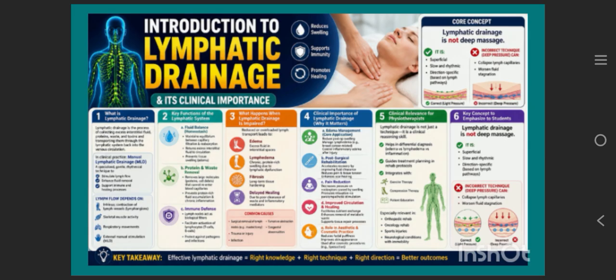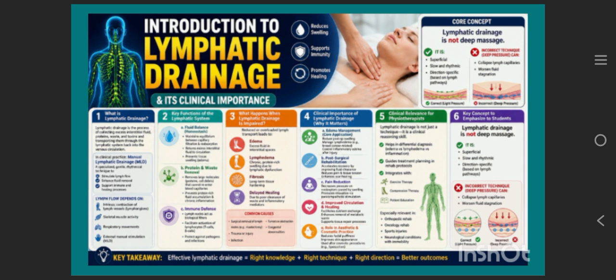Clinically, when this process is impaired, fluid starts accumulating in tissues, leading to conditions like edema or lymphedema, which is why understanding lymphatic drainage is crucial in patient management. I think you now understand the definition of lymphatic drainage.